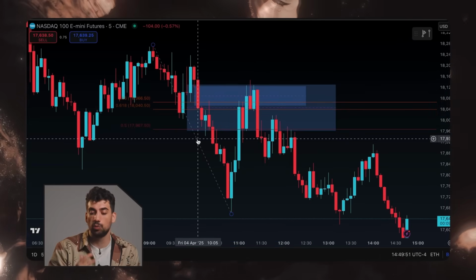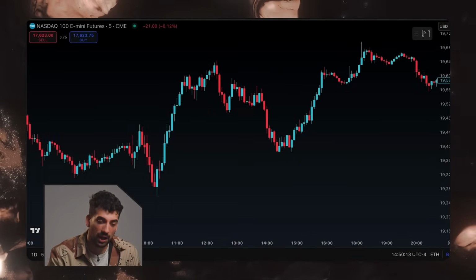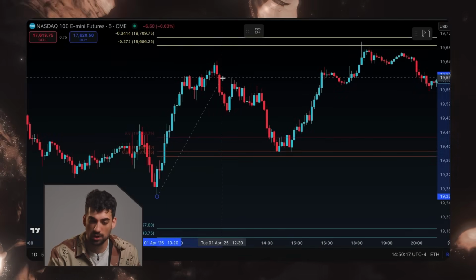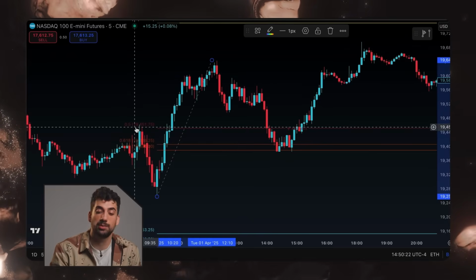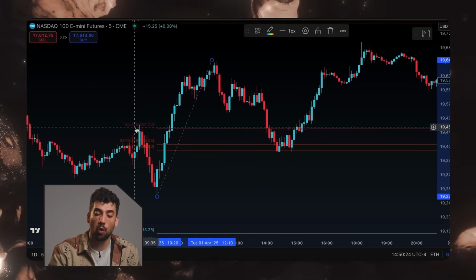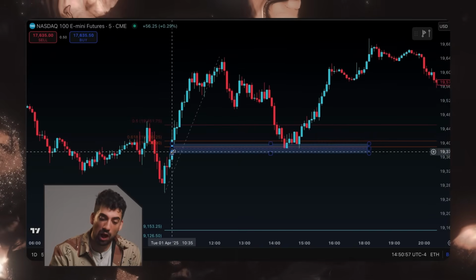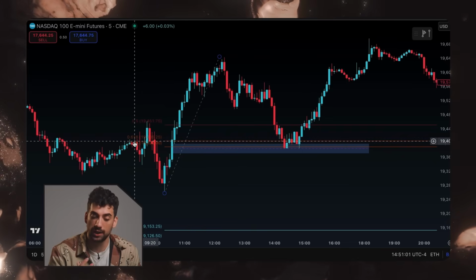But now the opposite would be for bullish levels. Here we have a bullish example. We see that price had a really strong move to the upside. So I will draw my Fibonacci from the top all the way to the bottom, and I'm looking for any fair value gaps that can tap in from the 0.5 all the way down to the golden pocket. So if I look at this example, I'm finding, hey, there's a fair value gap here that is below the 0.5 and right into my golden pocket.